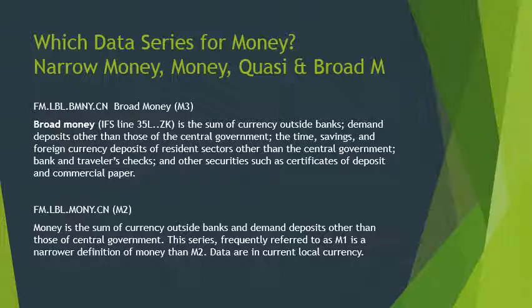One is the standard definition of money, which is also called M2, and the other is a broad money definition, which is called M3. M2 refers to what is normally known as money, while M3 includes some additional things which are quickly convertible to money. The differences are technical and not important for our purposes.